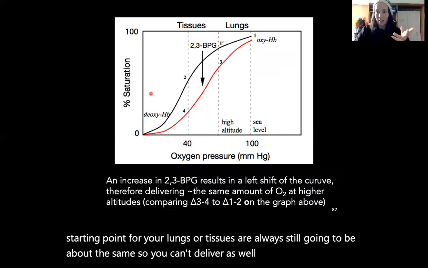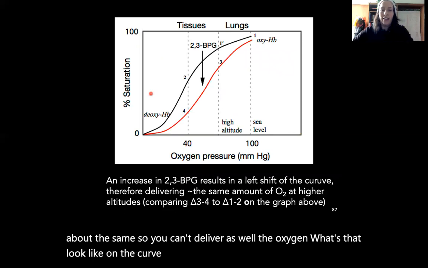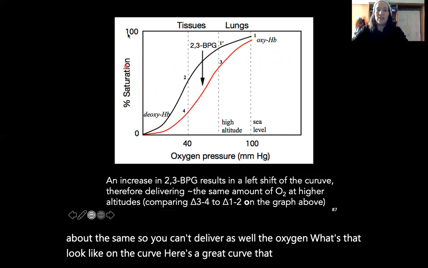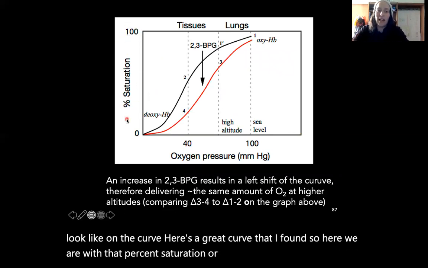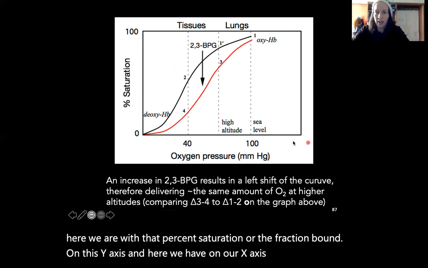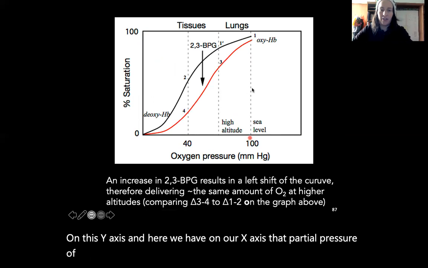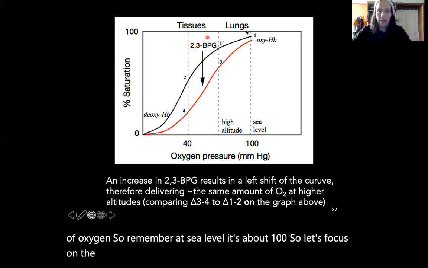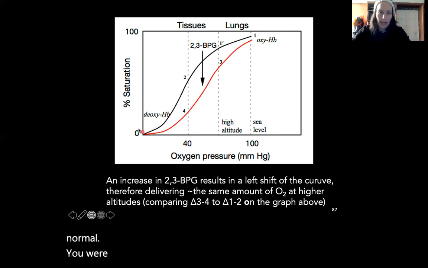What does that look like on the curve? Here's a great curve that I found. Here we have the percent saturation, or the fraction bound, on the y-axis, and on the x-axis the partial pressure of oxygen. Remember, at sea level it's about 100. Let's focus on the black curve for right now. The black curve is your normal hemoglobin binding curve from living at sea level for a long time.